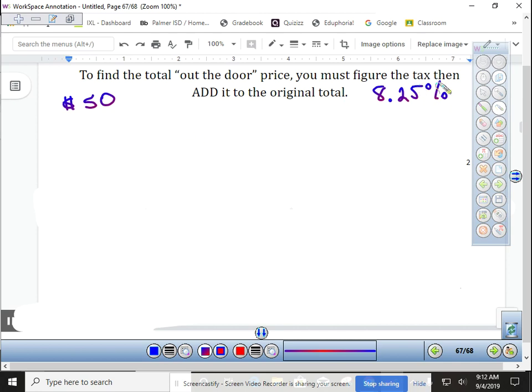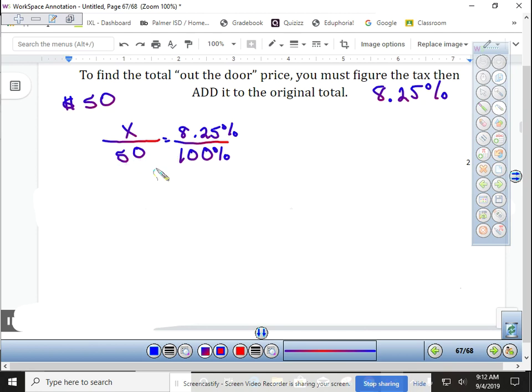So what do we do when we see this in this classroom? Write a proportion, right? So I'm gonna do that. And there's my 100. This is just from yesterday. I don't want you writing, I want you watching. And this is my 8.25. And this is my 50. So I gotta figure out what 8.25% of 50 is.